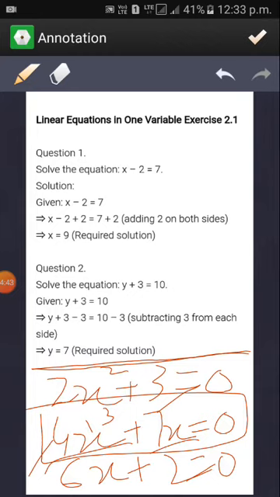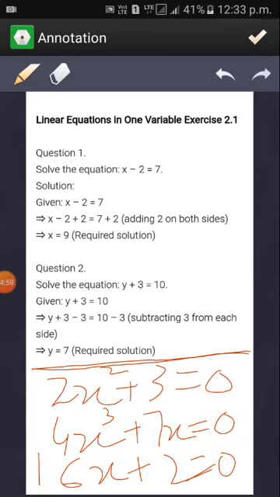This you understand. So in this case the highest power is 3, or we can say that the degree of this algebraic equation is 3.